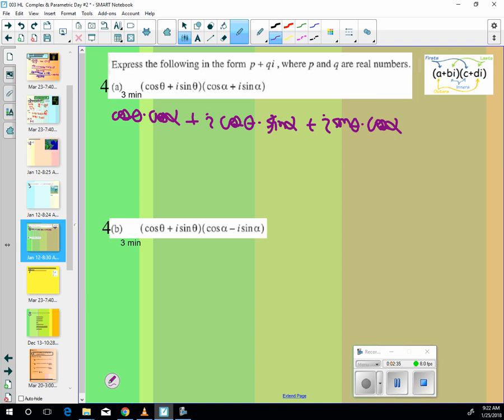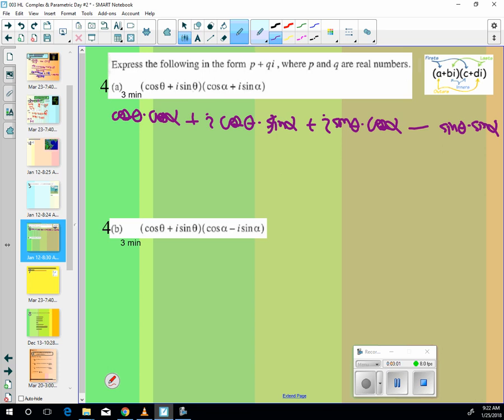And lastly, you're going to get plus i squared sine theta times sine alpha. And of course, i squared is the same as negative 1. So I can erase this and call it minus sine theta sine alpha.